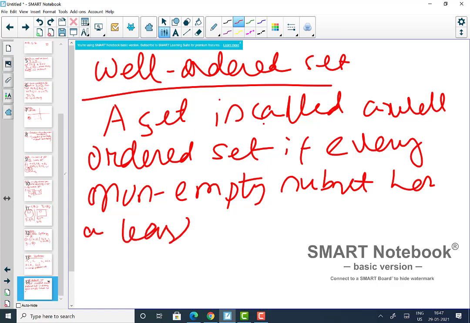We already discussed this property many times, the least element. An ordered set may be well ordered or may not be well ordered. It's just a set containing an order.